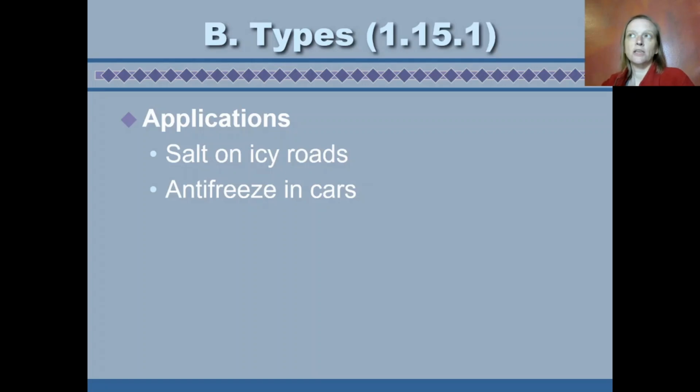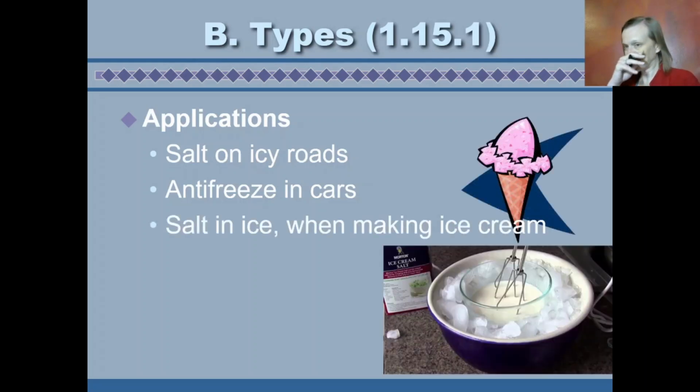Antifreeze doesn't just keep the antifreeze from freezing on cold days, but it also raises the boiling point so that your engine doesn't overheat. And also, if you've ever made homemade ice cream in an old school way without using the fancy ice cream machines, you add rock salt to the ice to make the ice water surrounding your cream mixture even colder.